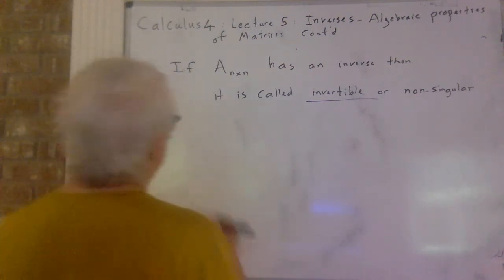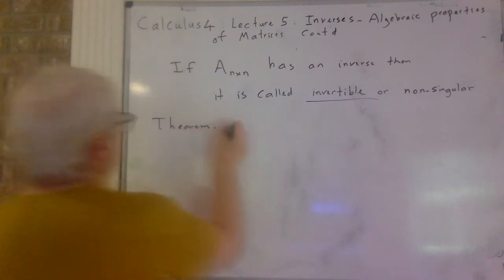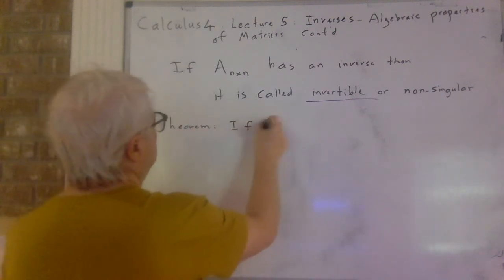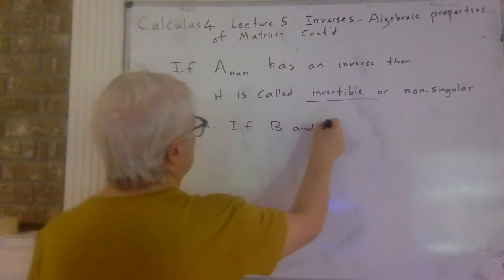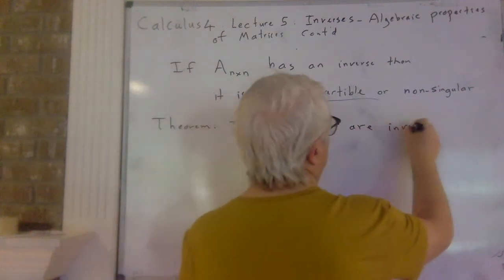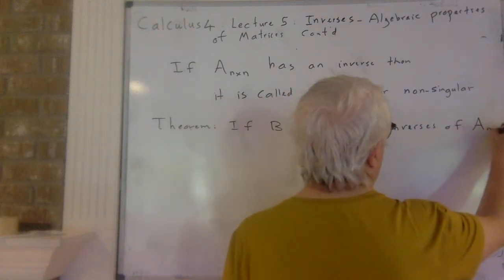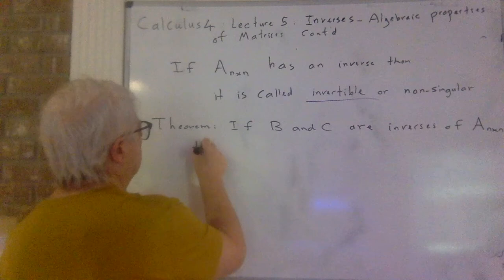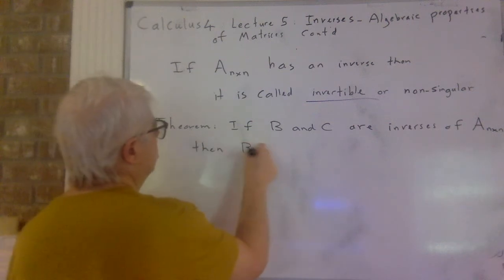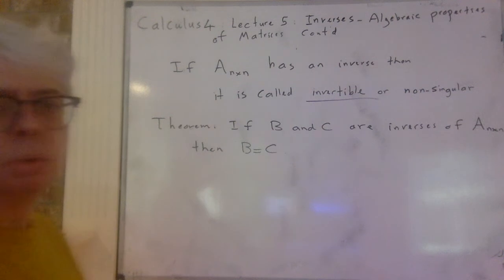Now there's a nice theorem here. If B and C are inverses of A, then B equals C. So what does this mean? It means that the inverse is unique.